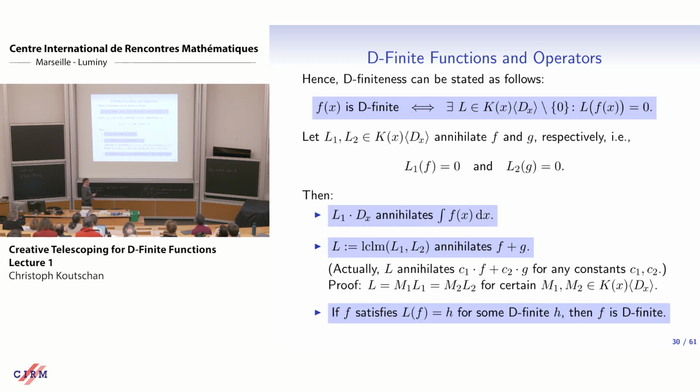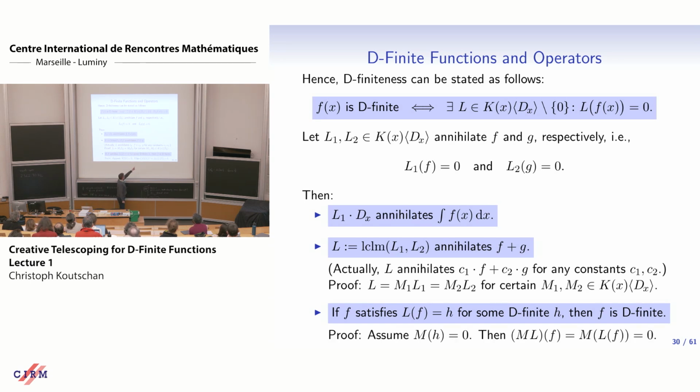And the last thing is just to say, if we have a function that satisfies an inhomogeneous differential equation, where the inhomogeneous right-hand side is a D-finite function, that is also fine. So L of f equals h, not 0, but we assume h is D-finite, then also f is D-finite because we can homogenize this equation.